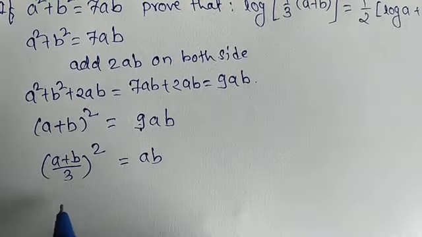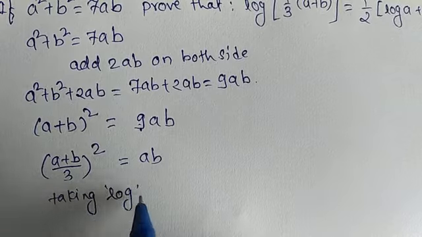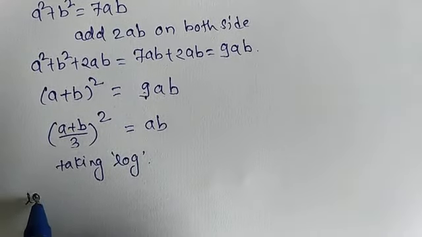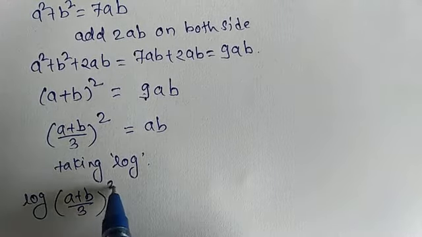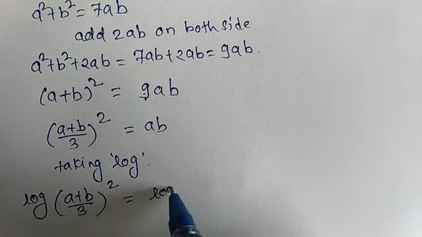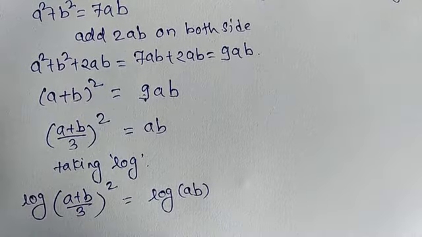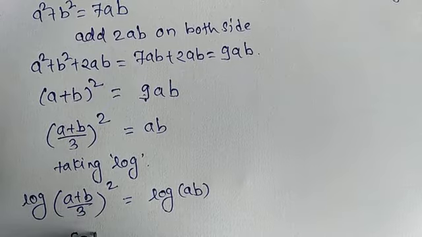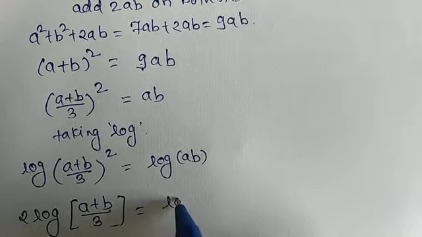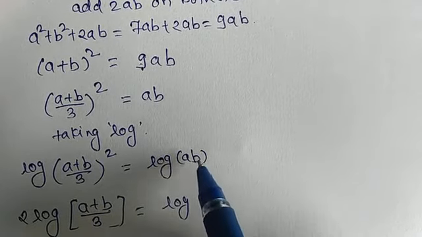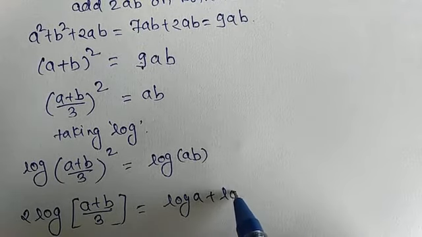Okay, now taking log on both sides, we can write it as log of (a plus b upon 3) bracket square is equal to log of ab, which gives twice log of (a plus b upon 3) is equal to log of a into b. Log of a into b can be written as log a plus log b.